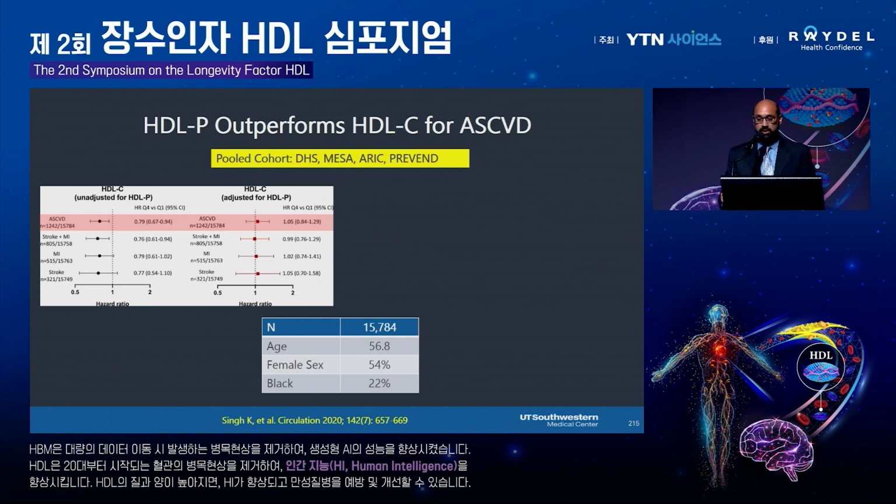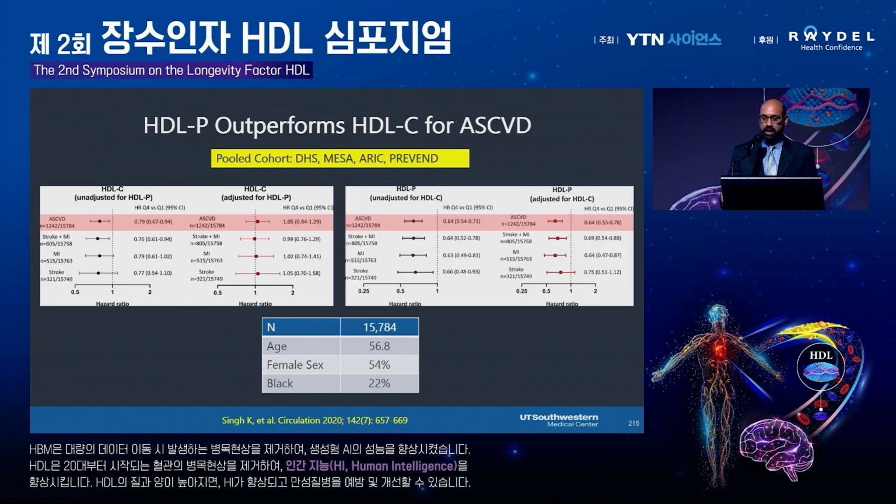The hazard ratio was 0.79. And then if you move over to the right forest plot, you can see that when you not only adjust for risk factors, but you now account for the particle concentration, the relationship between HDL cholesterol and ASCVD is completely attenuated. And what that meant to us is that the risk prediction information that's carried by HDL cholesterol is explained by the information in the particle number.